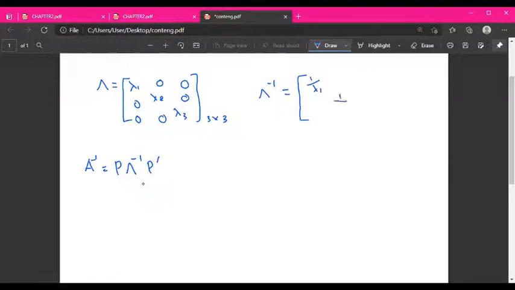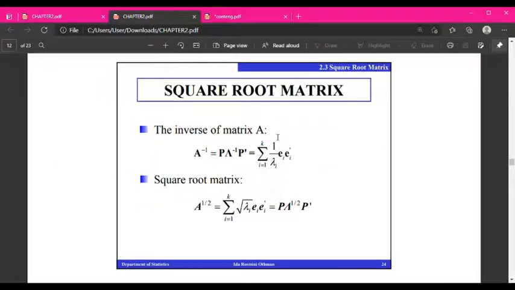Sini 1 over lambda 2 and so on. So tak perlulah you nak calculate manually. Just the diagonal tadi, just kita buat dia jadi 1 over sahaja. Okay, kalau you nak calculate manually pun boleh, tak ada masalah, you akan dapat jawapan yang sama. Right? Itu yang saya nak tunjuk tadi kat sini.